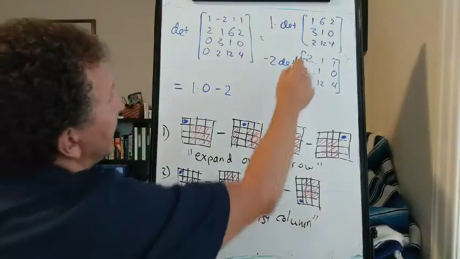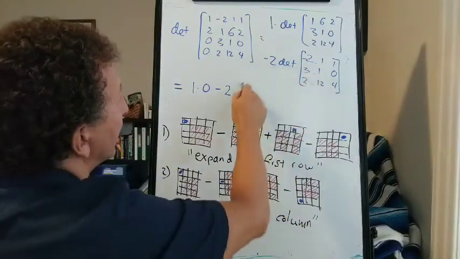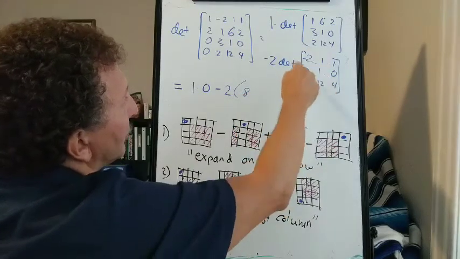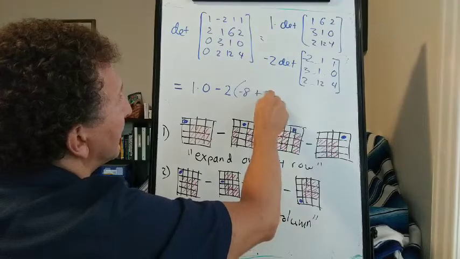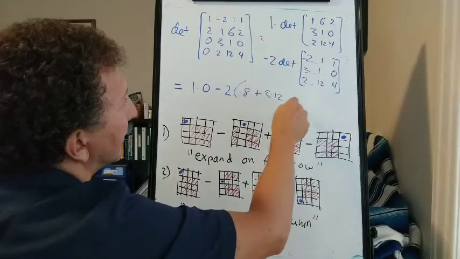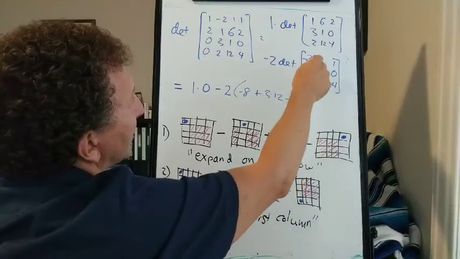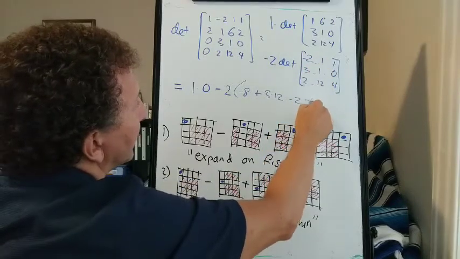There we go. So we've got -2 times 1 times 4, which is -8, plus 0 plus 3 times 12, minus 2, minus 0, minus 12.